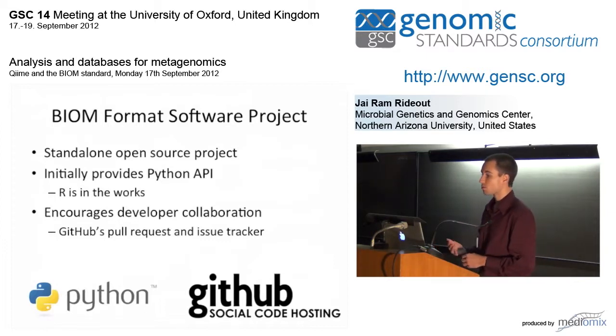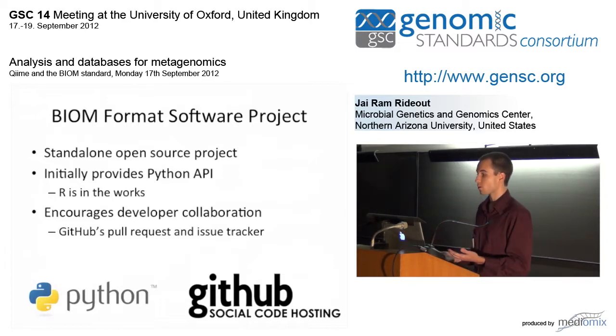To do this, we're hosting it on GitHub. I'll have the link posted up later here. We chose GitHub just because it has a nice pull request mechanism, which allows developers to pull down the code, make their changes, and then notify the core developers of the BIOM format, hey, we wrote these classes in C++, we'd like you to take a look at them and maybe integrate them into your project if you think they're ready.